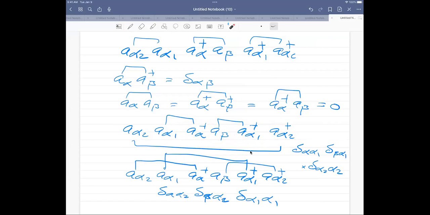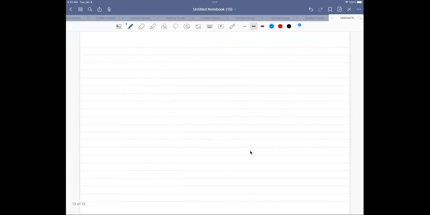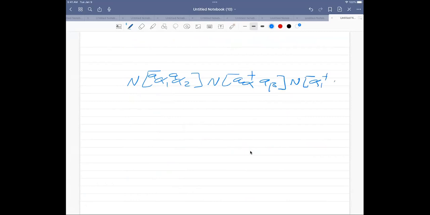So the way we can write this is in the following way. You can think of what we are calculating now as a normal ordered product of alpha 1, alpha 2, a normal ordered product of A alpha 1, A alpha dagger, A beta, and a normal ordered product of alpha 1, alpha 2.